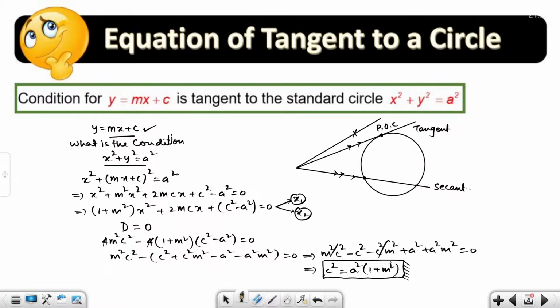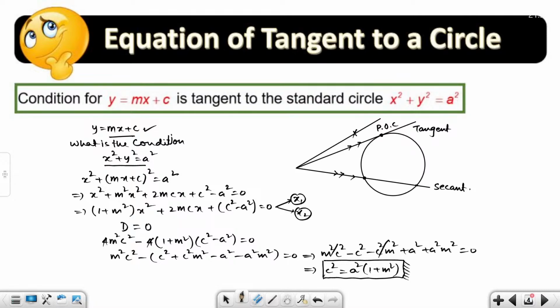Look very carefully, we have taken a standard form. I haven't taken the general form of the circle, and from there I haven't got the condition. But how to find out that condition in that case? In that case, you have to follow the method that I have done.